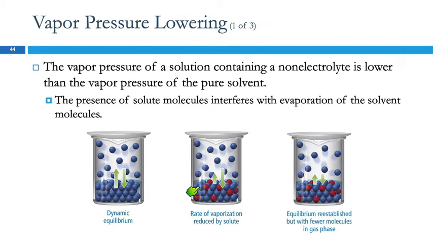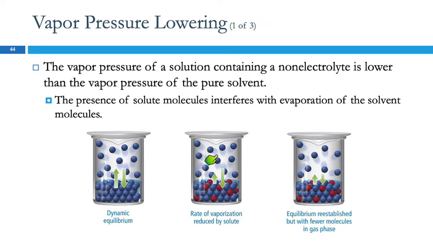If we add a solute to this liquid, making it a solution, those solute molecules are going to interfere with the evaporation of the solvent molecules because they're going to occupy some of the surface of the liquid, right? And so that's going to make it harder for molecules to evaporate.